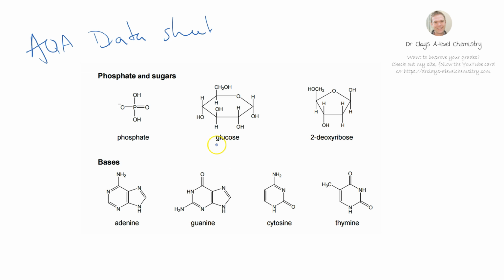Notice here they're giving you glucose as well as 2-deoxyribose, and the one that you're interested in here for DNA is 2-deoxyribose. And then you've got the 4 different bases at the bottom. So make sure you're able to identify what units you pick out for the DNA, the nucleotide, and also to be aware of the 4 different bases that we've got.